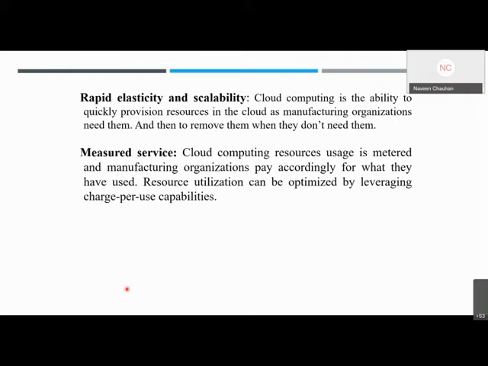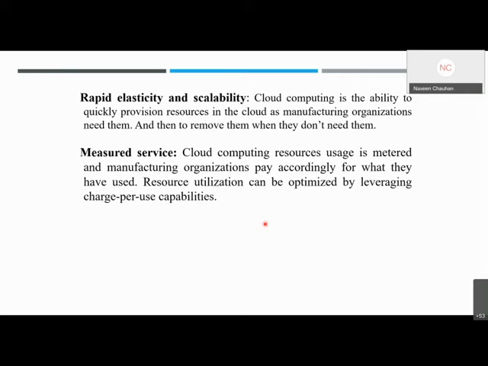So measured services or metering should also be there, as we have in the case of the water distribution system and the electrical system. Cloud computing resource usage is metered, and the manufacturing organization pays accordingly for what they have used. So resource utilization can be optimized by leveraging charge-per-use capabilities.